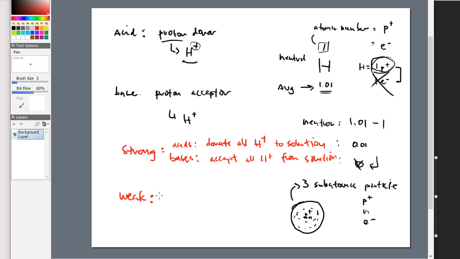So what happens here is that if I have a weak acid, they do donate protons. They do, because that's the definition of an acid. But they do not donate all of them. That's pretty important. They keep some back for a rainy day.